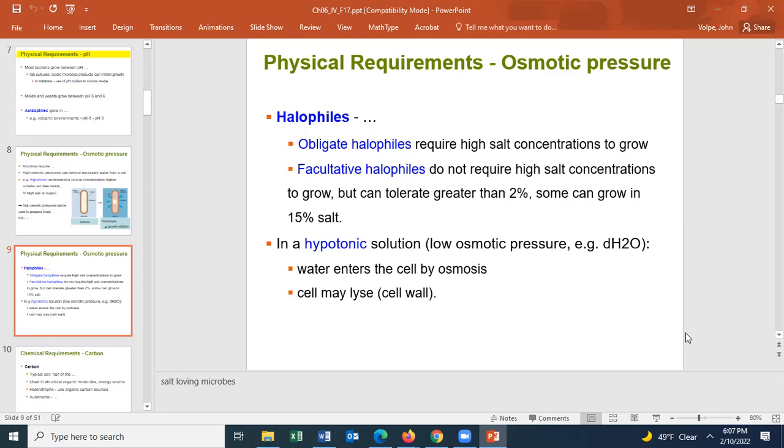It can grow on your skin, which can get up to 20% sodium chloride. But Staphylococcus aureus can grow in a normal TSA plate, so they do not require high salt in order to grow.